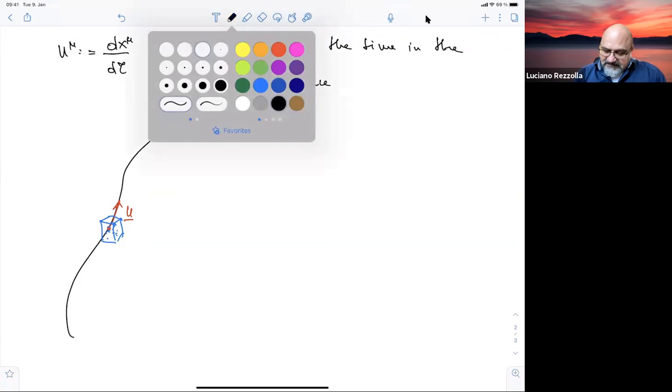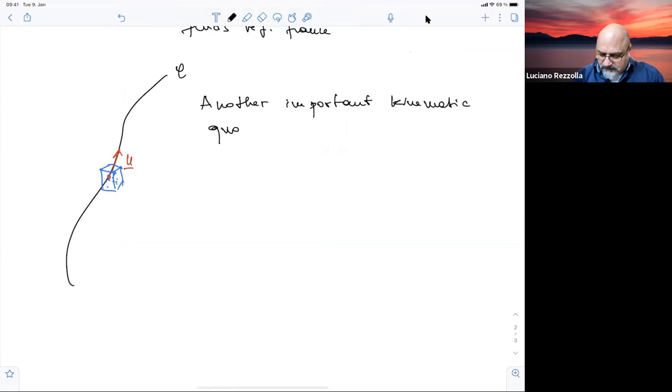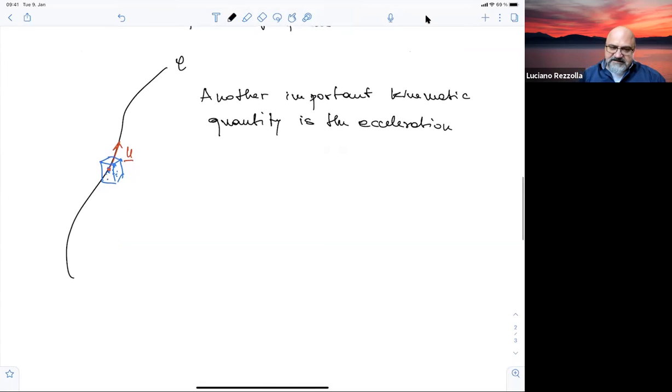Another important kinematic quantity is the acceleration. And how do I define this quantity? Well, I define it as the convective derivative of the 4-velocity vector.